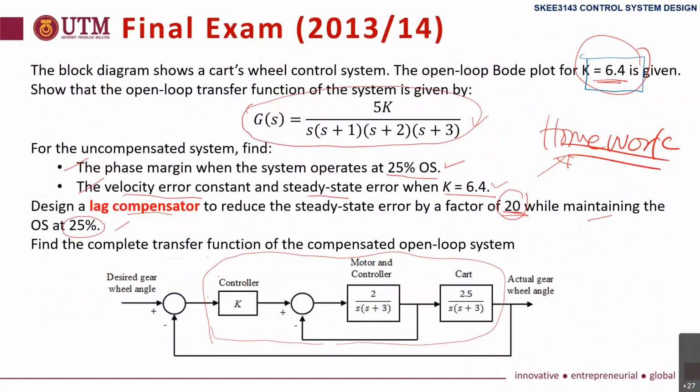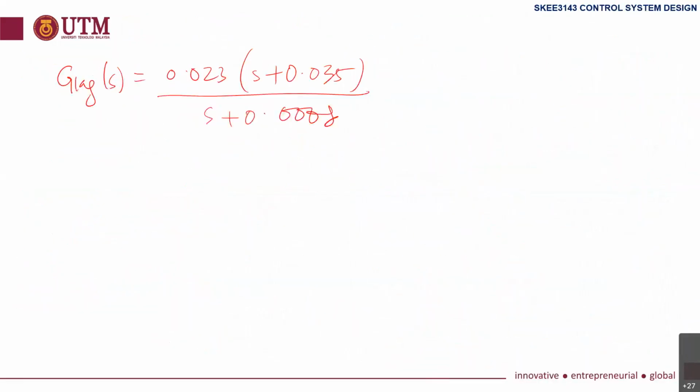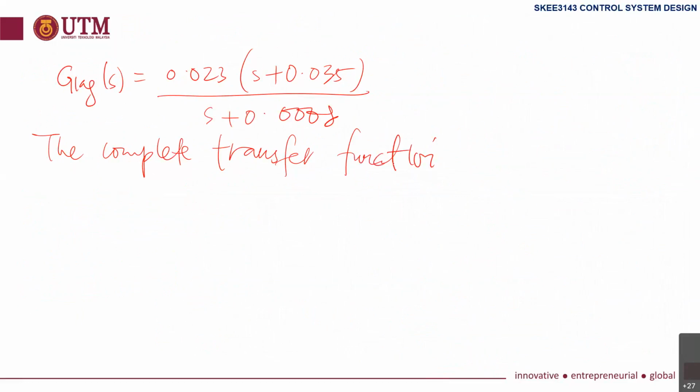Okay, once we obtain this, the last question here is to find the complete transfer function. Complete means we have to multiply. Now the controller is here. We have to multiply with the original system. The complete transfer function is G(s) multiplied with Gc(s).